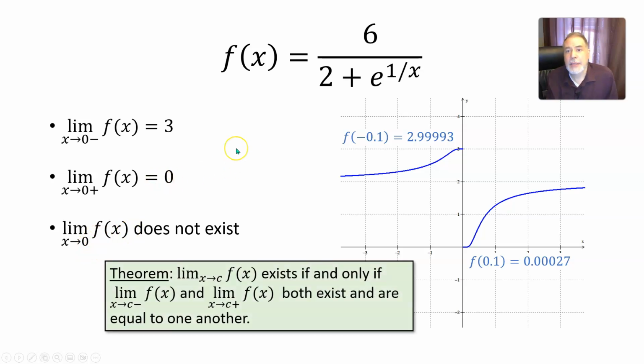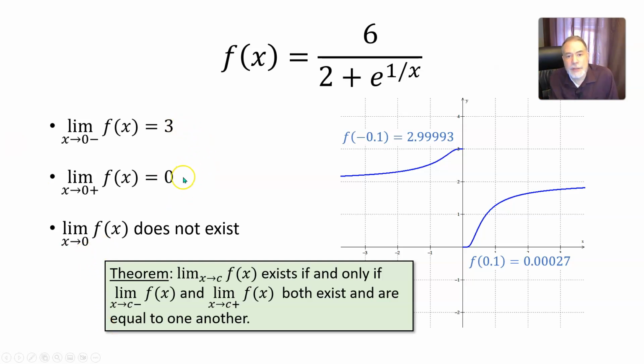And we can take it as a theorem, or a fact that can be proved, that the limit as x approaches c exists if and only if the limit as x approaches c from the left and the limit as x approaches c from the right both exist and are equal to one another. So if these two one-sided limits were the same as each other, that would be the limit just as x approaches 0.